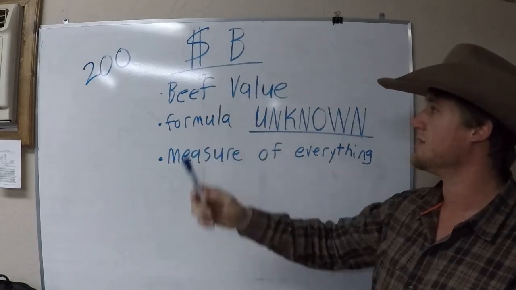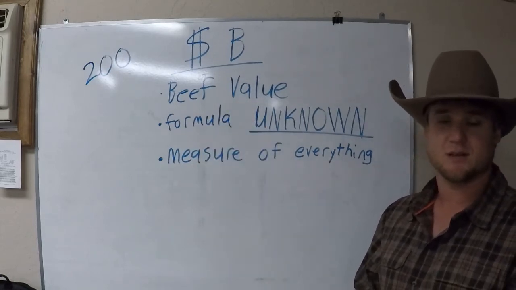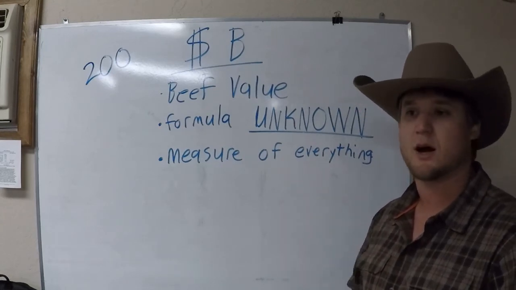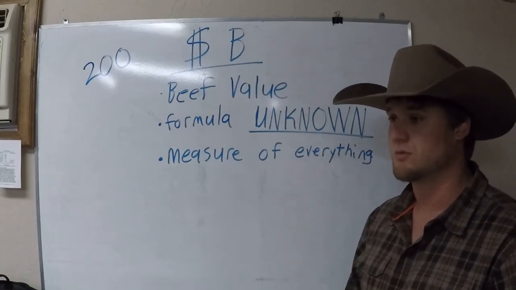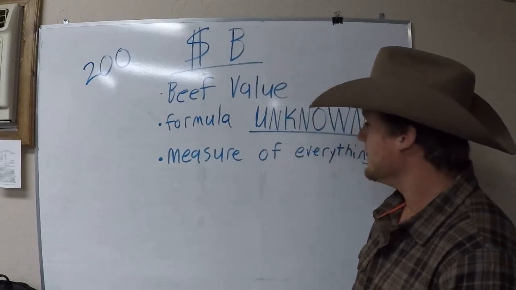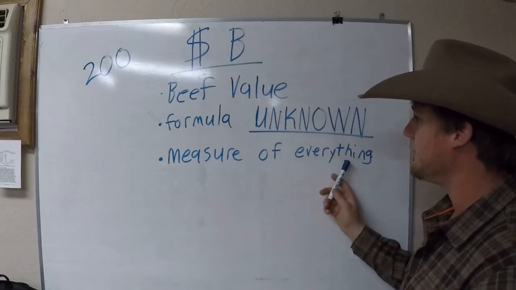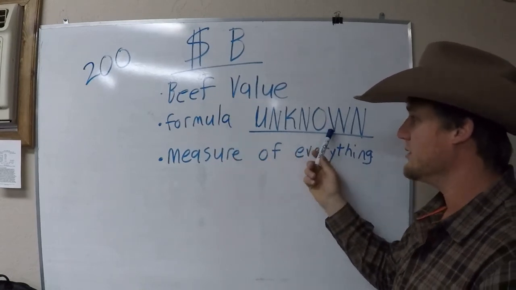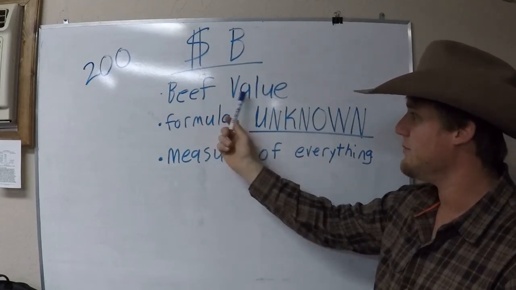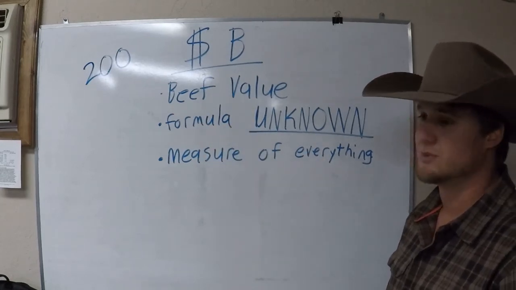That's why this number is so important: it takes really the whole bull and gives you a dollar amount on what he's going to be worth. It's basically a measure of everything. Formula unknown. Nobody knows how this formula has come about. And beef value is what $B stands for.